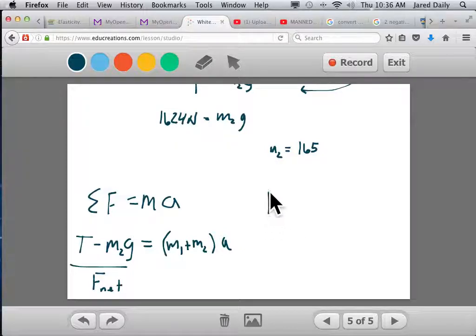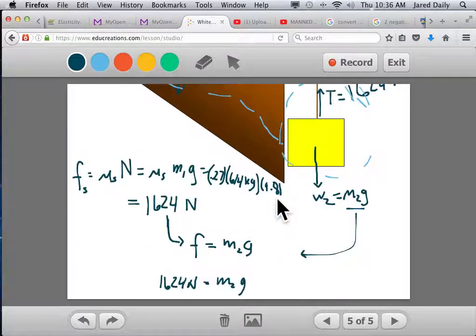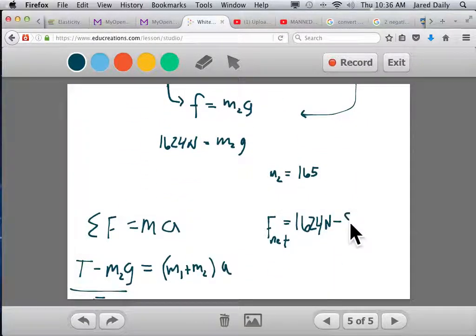So net force equals tension, which is 1624 newtons, minus mass 2, which is not there, it's over here, 869 kilograms, times g, times 9.8. Friction is static, right? Yes.